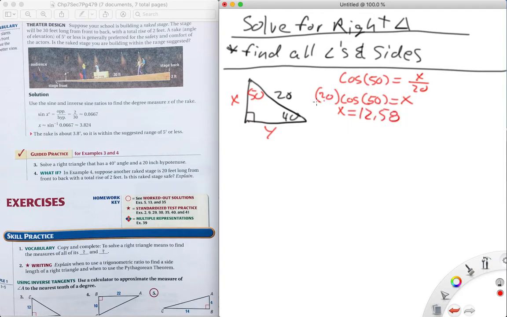Now I could have also done it in terms of the 40, and instead of cosine of 50, I could have said sine of 50 equals opposite over hypotenuse, and that 20 times sine of 50 equals x, and I would have gotten the same answer.